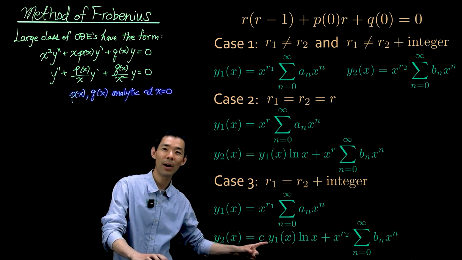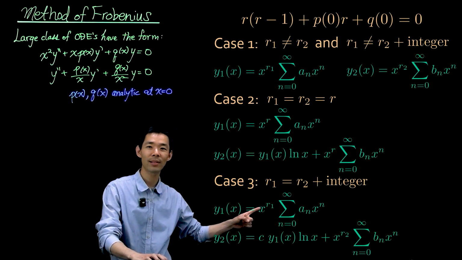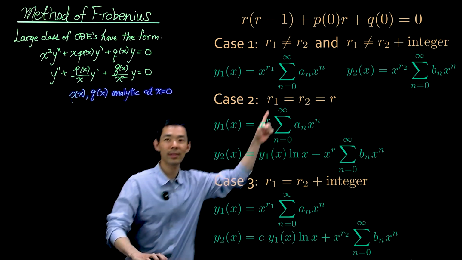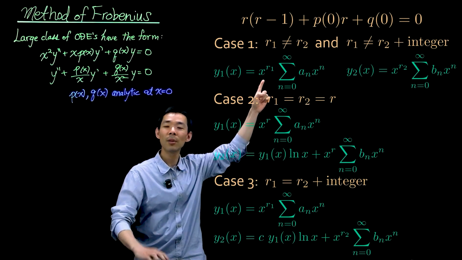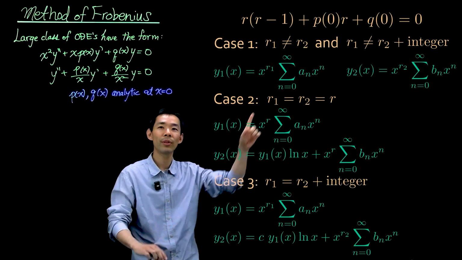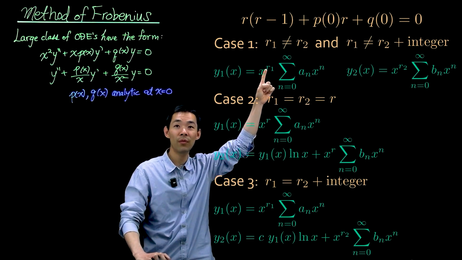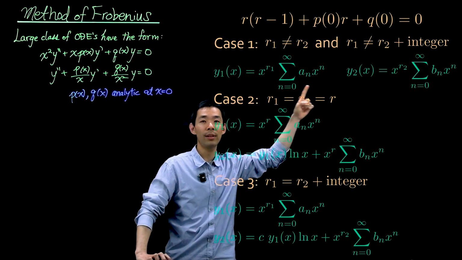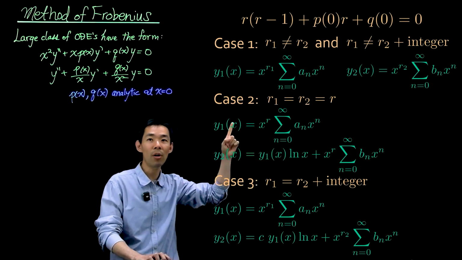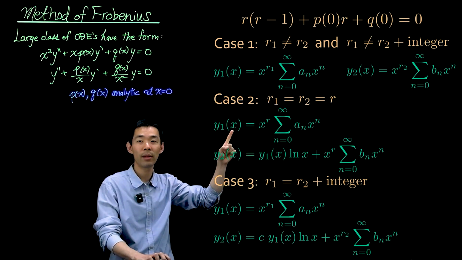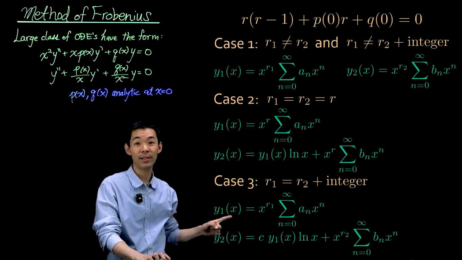So you have y1, the usual solution from up here. We have x to the r1. That's the same solution as up here. So basically, one of your solutions will just be a Frobenius form where you have x raised to the root value, and then your power series solution. So that's true for y1, case 1, case 2, and case 3.